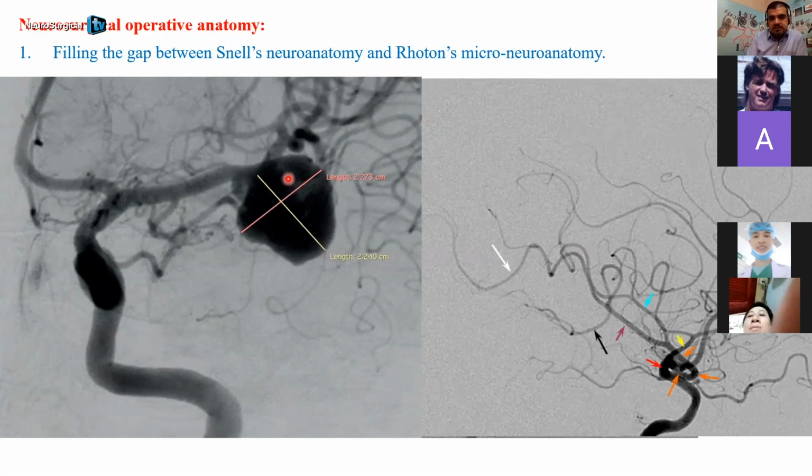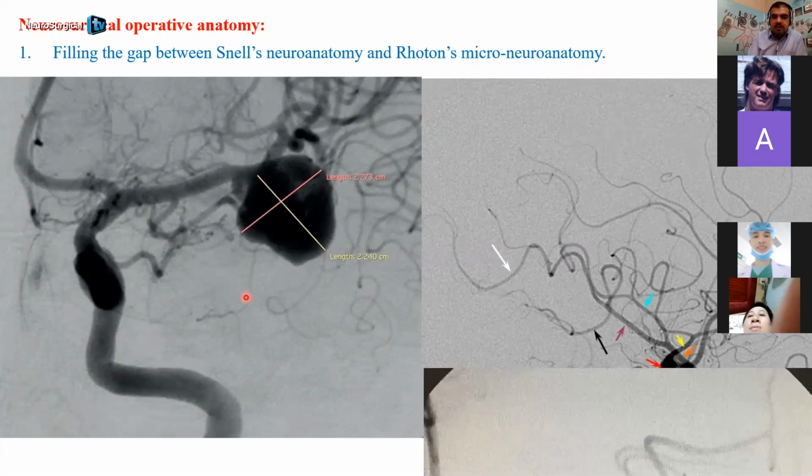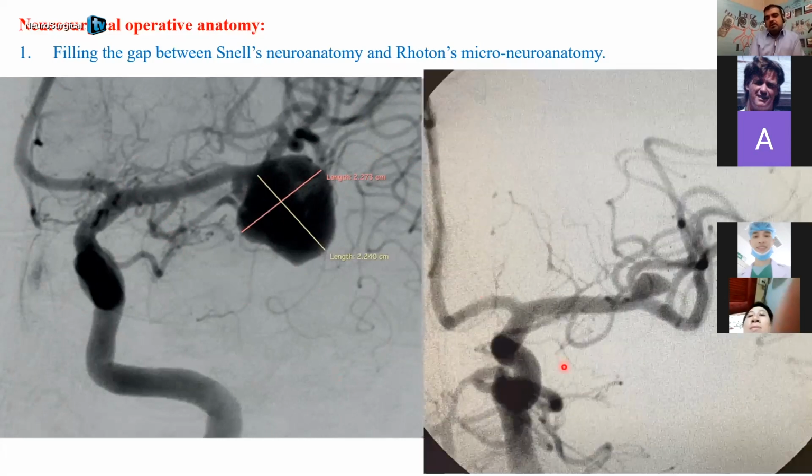But here is a giant middle cerebral artery bifurcation aneurysm, and we can easily appreciate the early temporal branch inferiorly and some perforators superiorly. Another example is an aneurysm that is more typical, the MCA bifurcation aneurysm with the early temporal branch.